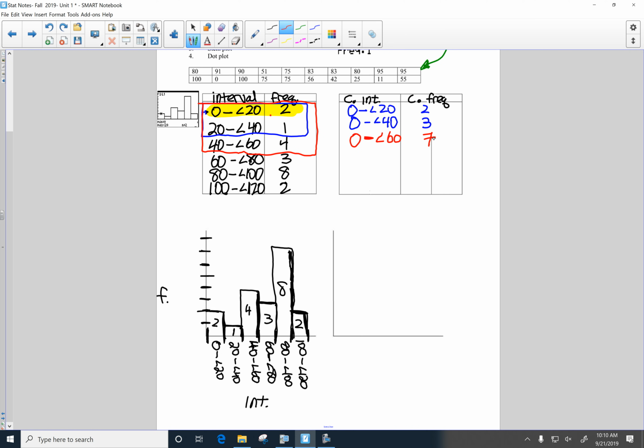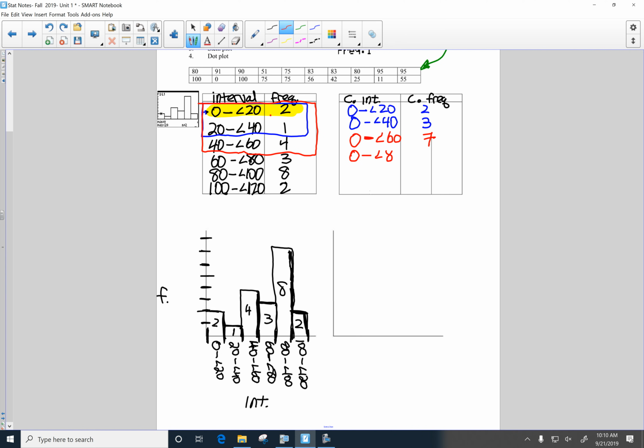So you're replacing the low value in each of the intervals with 0. All right? And then you're just taking a running total of all the frequencies. So 2 was our first value, add the 1 gives you the 3, add 4 gives you the 7, add 3 more, you'll get 10, and so on. All right? So there's shortcuts and everything. You can get it, but you don't want to sacrifice the learning in the process.